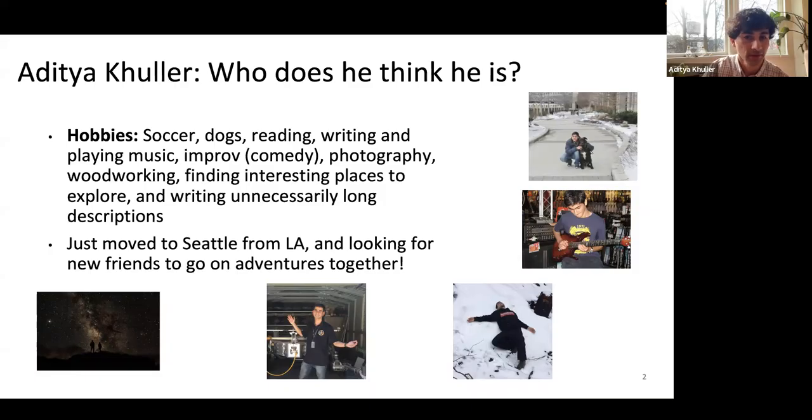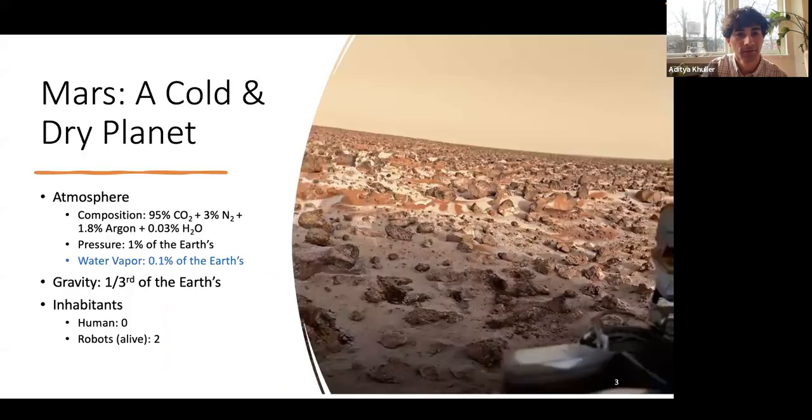I also do a bunch of other things from football or soccer to photography, and I just moved to Seattle and started this job a few months ago. And like Debbie mentioned, I'm hoping to do more work on ice on Earth as well as other places. So if you have ideas, let me know.